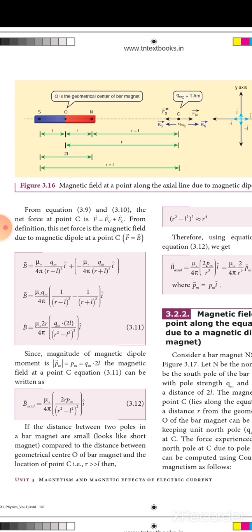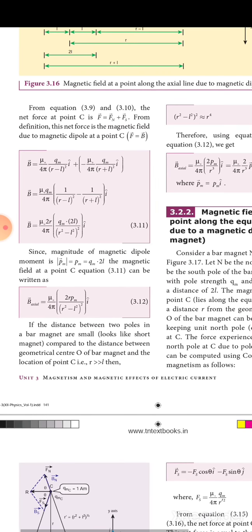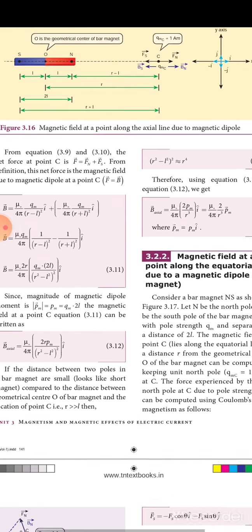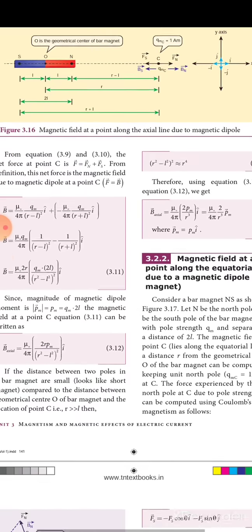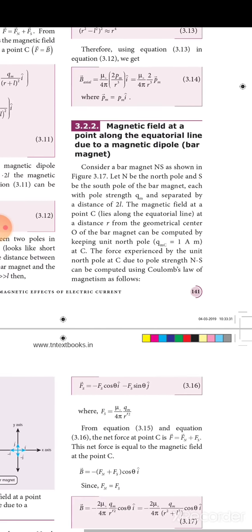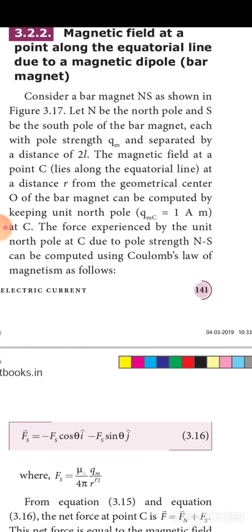Then, to find the magnetic field due to the north pole and south pole, we write two equations, and adding both equations we get the magnetic induction along the axial line.